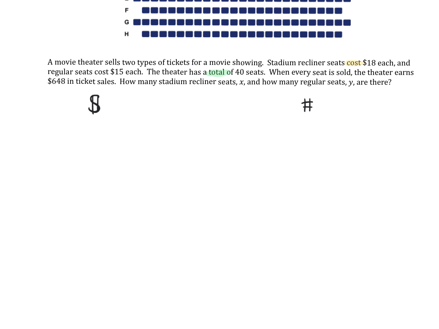And so let's focus on cost first. We know that stadium recliner seats cost $18, and we know that we are using the variable x for the recliner seats. So I could write an equation that's $18 per recliner seat plus $15 per regular seat. And when every seat is sold, we would equal a total of $648.